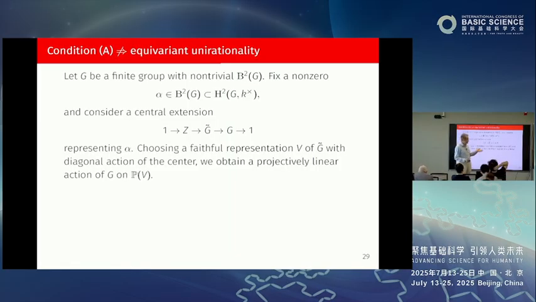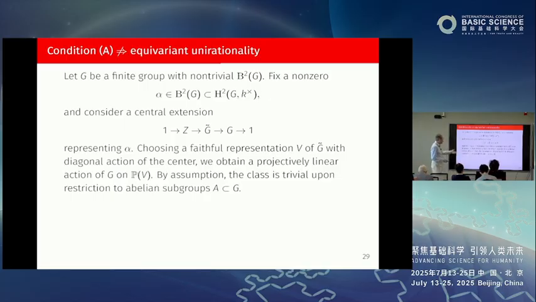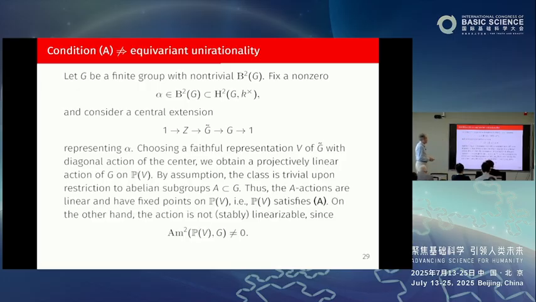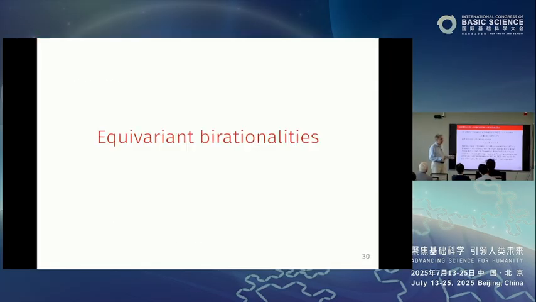But it's not linear because, by assumption, it's a non-trivial class. There is a non-trivial Amitsur invariant in this picture, and that prevents unirationality even. So it's not stably linearizable, but it's not even unirational.